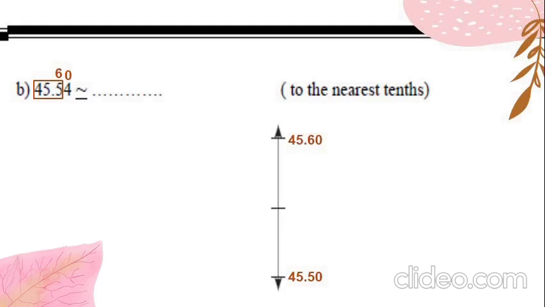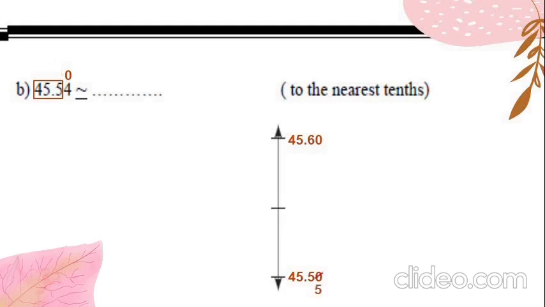Okay, now I have the smaller number and the bigger number, and we have to find the midpoint number. How can I find the midpoint number? Look at the smaller number. Here I have 45.50. Change the first 0 after the tenths to 5.